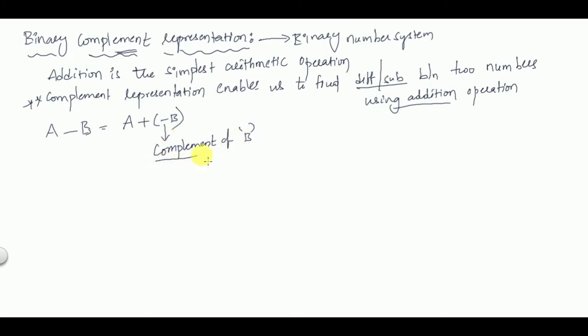So first of all we find the complement of b, that is minus b, and then we add it to a. That is, the subtraction operation is performed by the addition operation here, because addition is the easiest arithmetic operation. That is called complement representation.